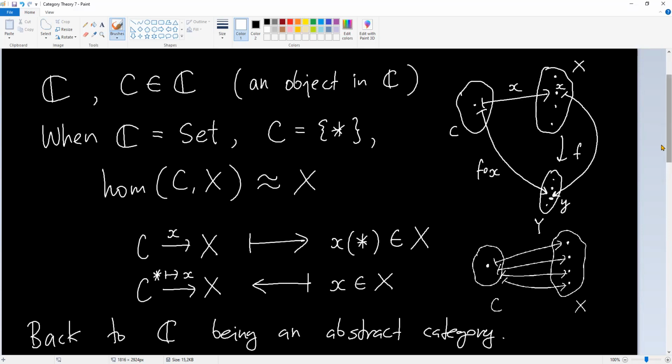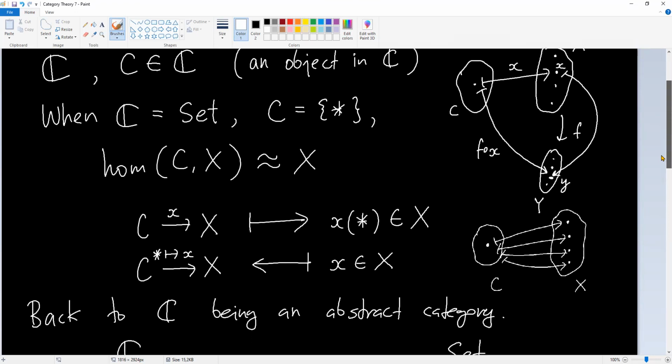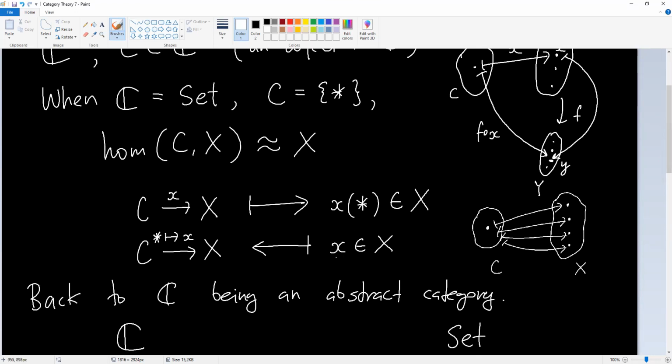So introducing a bit of enrichment to my previous notation, if I write this element in the morphism way by putting a star as a subscript, then when I put a star next to an element of X, I'm thinking of it as a morphism from C to X.